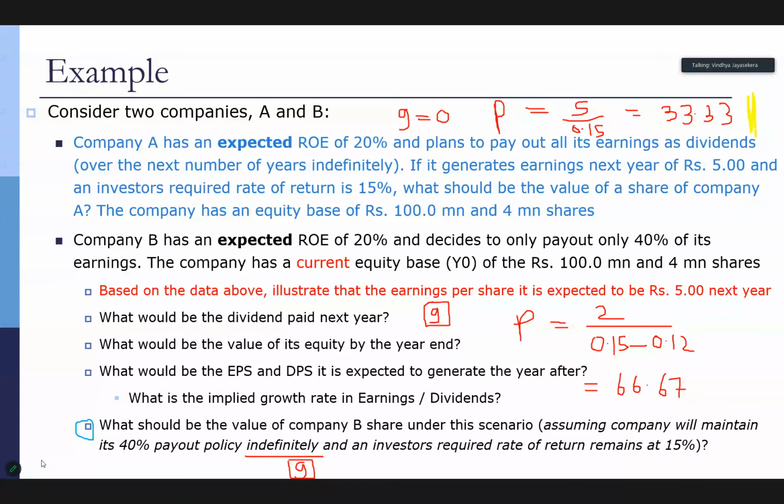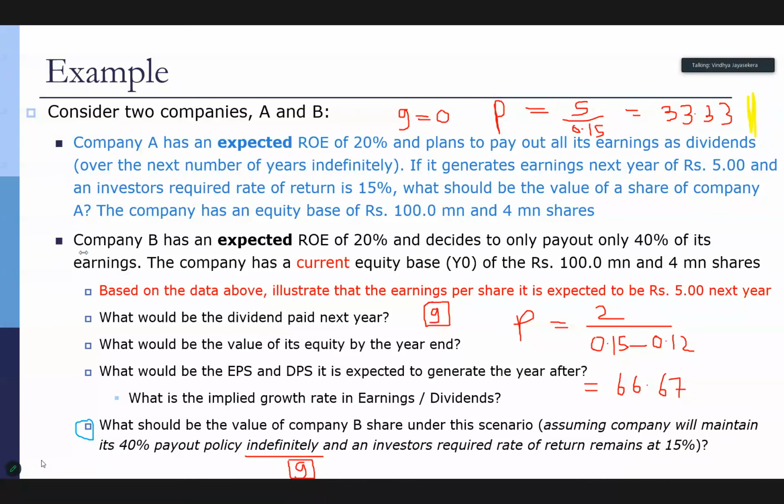Versus the company that is retaining money inside it is actually worth more, although it's only paying a 2 rupee dividend, as long as it hits its target ROE of 20%, which is greater than the investor's required rate of return of 15%. It's actually worth much more. And we'll discuss this again tomorrow when we do the next sections.